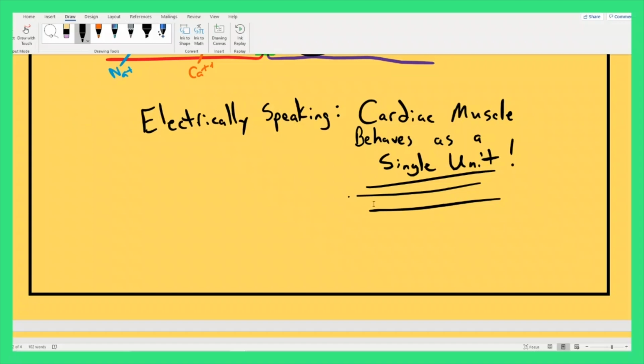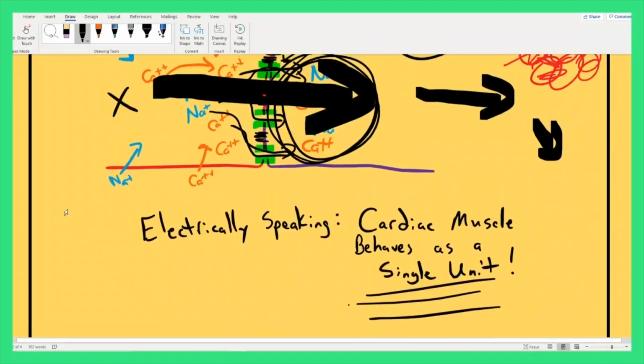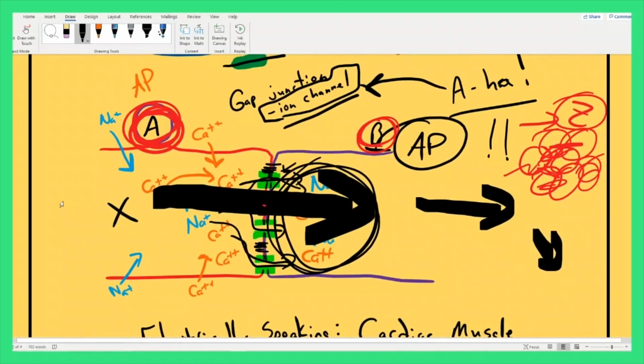So the behavior of the cells is very much like skeletal muscle fibers. When A has an action potential, sodium rushes in, get a local or graded potential that reaches threshold, the whole thing contracts, sarcomere shortens, la la la la la. But I can communicate that action potential to cell B and cell Z and all the others because the cells are connected to one another through gap junctions.